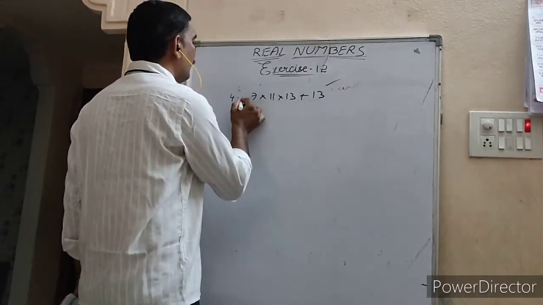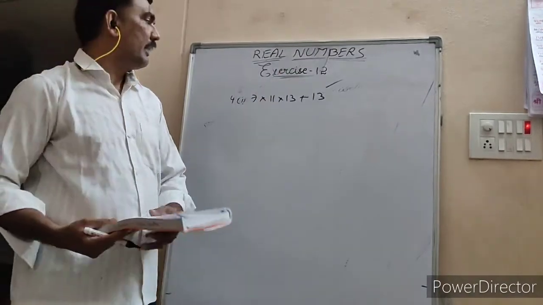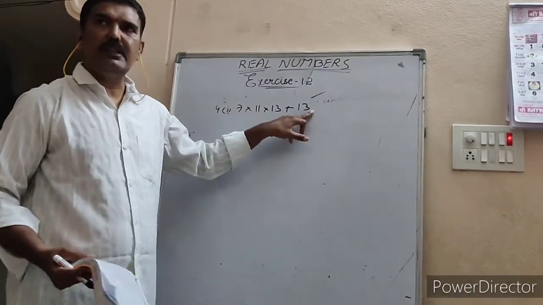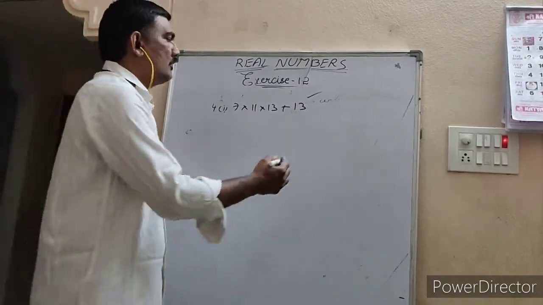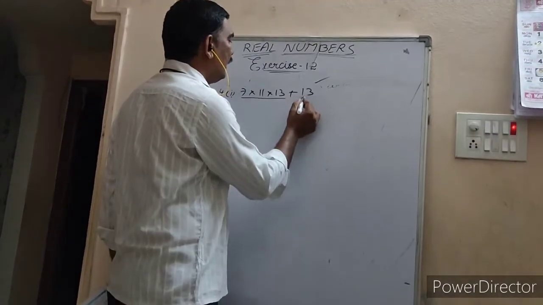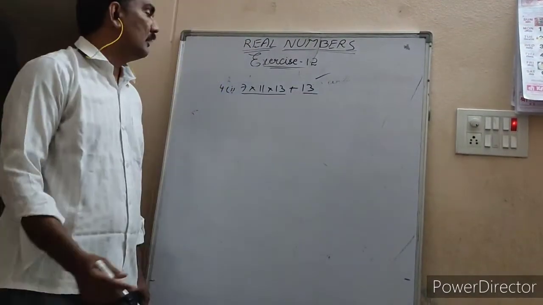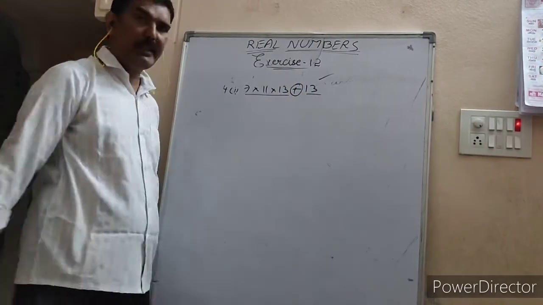So in this, the first question, he is saying that it is a composite number. Explain why it is a composite number. So what you have to do is, here the product of 3 terms is there, here only 1 term is there. These 2 terms are separated by a plus symbol.